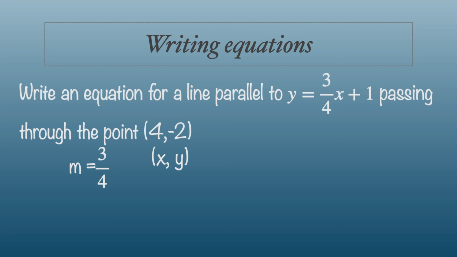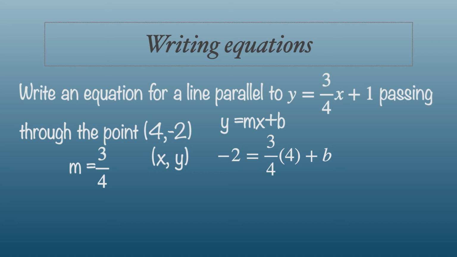Remember when we did it before and we did through a point? Same thing. So now I can plug in the 4 here for x and the -2 here for y. And what I don't know is my new b. So I'm going to be using y equals mx plus b, and I'm going to be putting in -2 equals 3/4 times 4 plus b.